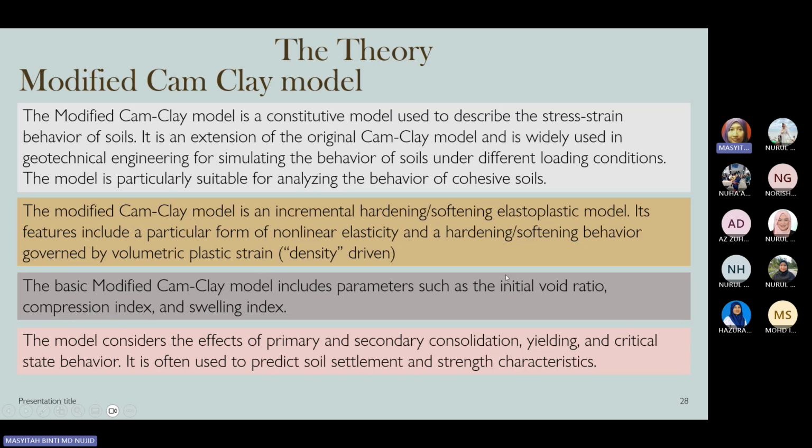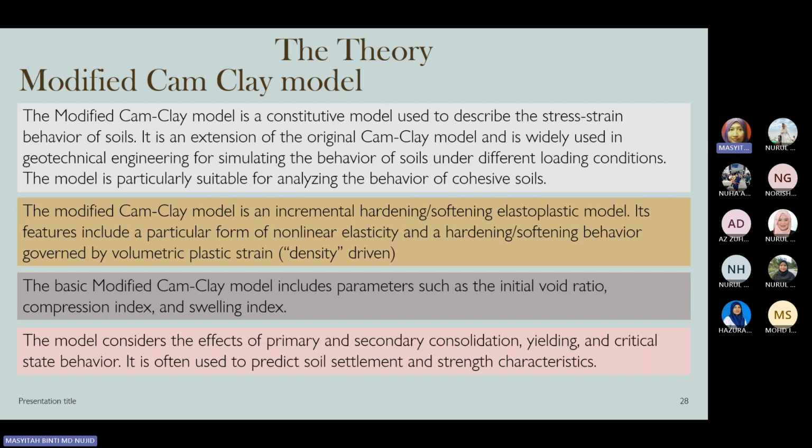I hope that you are very familiar with the initial void ratio, compression index, and swelling index. These are two parameters, the compression index and the swelling index. If you have some 1D consolidation parameters and you want to analyze the behavior of the soil subjected to applied loads, which results in the consolidation stages, you can obtain the compression index as well as the swelling index.